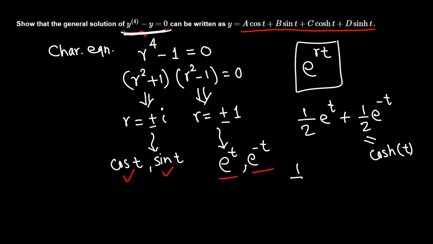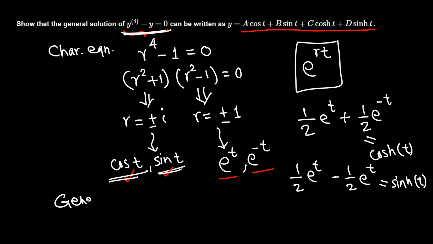And if we multiply the first by half, multiply the second by negative 1/2 and combine, this is also a solution by the principle of superposition, and this is in fact just sine hyperbolic t. So we got regular cosine and sine, and cosh and sinh, four solutions. Then we can write down a general solution, y equals any arbitrary constants.